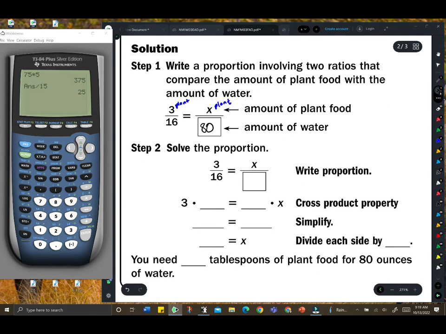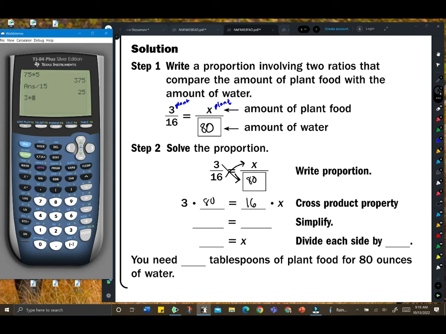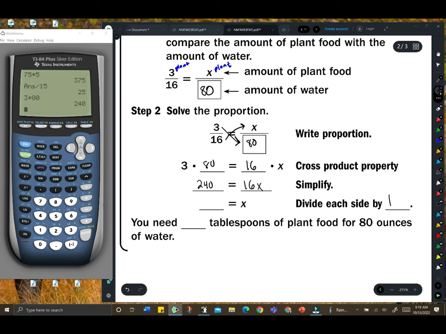Once you have it set up, it's as easy as cross multiplying. 3 times 80 is 240, equal to 16 times x. We divide each side by 16 to get our solution of 15. So we're going to need 15 tablespoons of plant food for our 80 ounces of water.